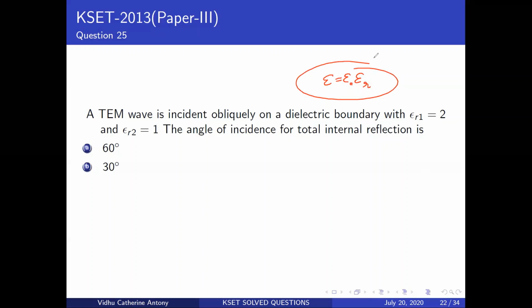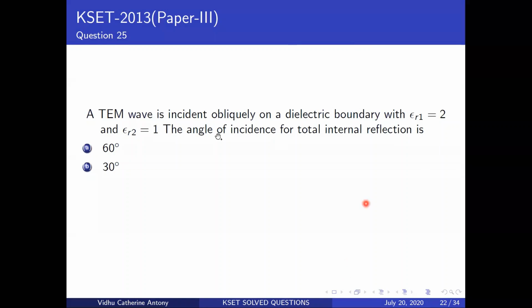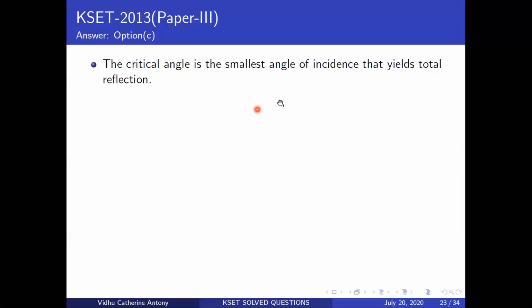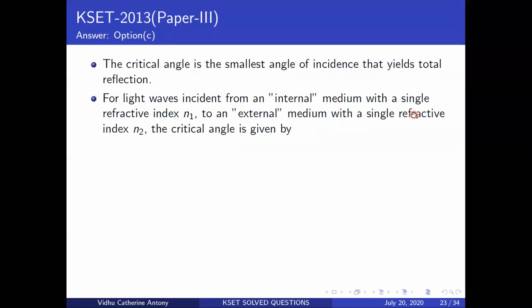So now let's look at all the options. The angle of incidence for total internal reflection is what? Now, your critical angle is the smallest angle of incidence that yields total internal reflection. Let's just start off with that.